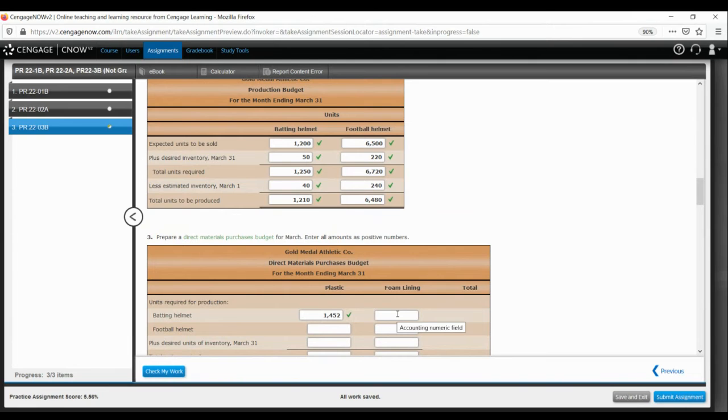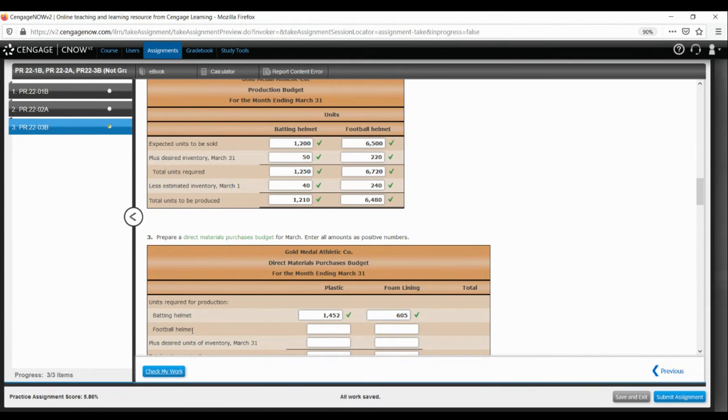The number of units was 1,210. If you multiply 1,210 by 1/2 pound, it gives you 605 pounds that are going to be required for the batting helmets.